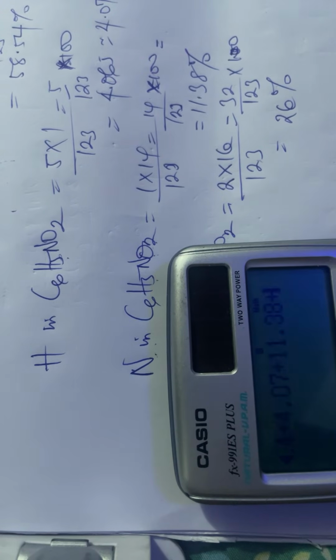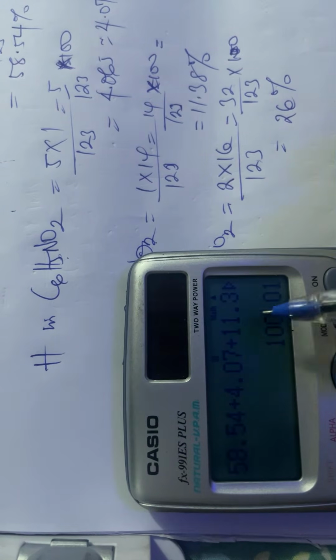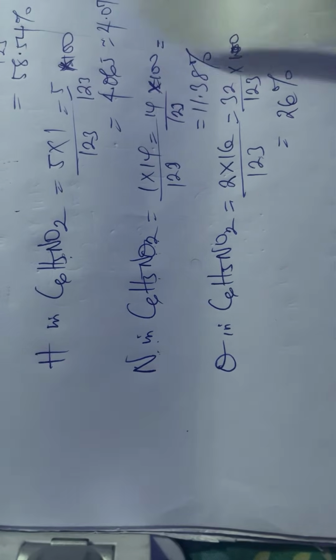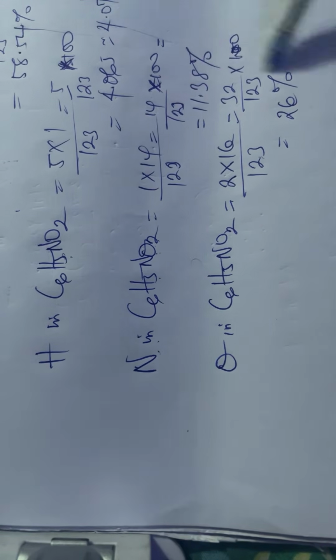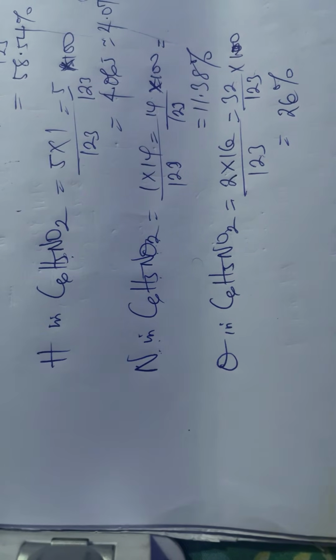And oxygen gave us 26.02, or just 26%. When we add everything, we have 100.01%, which is still 100%. If you want to know if you're correct, the sum of all of this must give you 100%. It's very crucial. So that's how we solve for percentage composition of a compound.